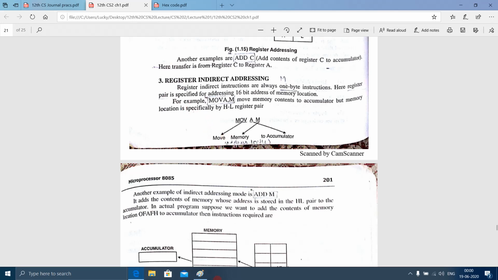For example, MOV A, M. So memory contents will be moved, or you can say copied, into the accumulator. But the memory location is specified by the HL register pair.